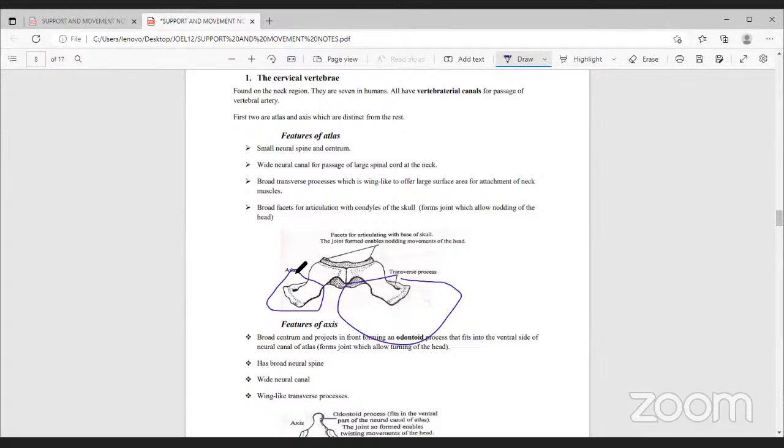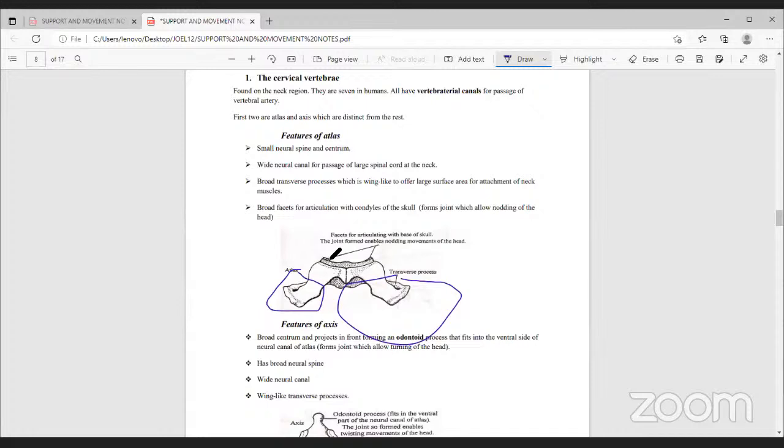You can see they look like wings. It is not large for nothing. It is supposed to provide a surface for attachment of neck muscles.